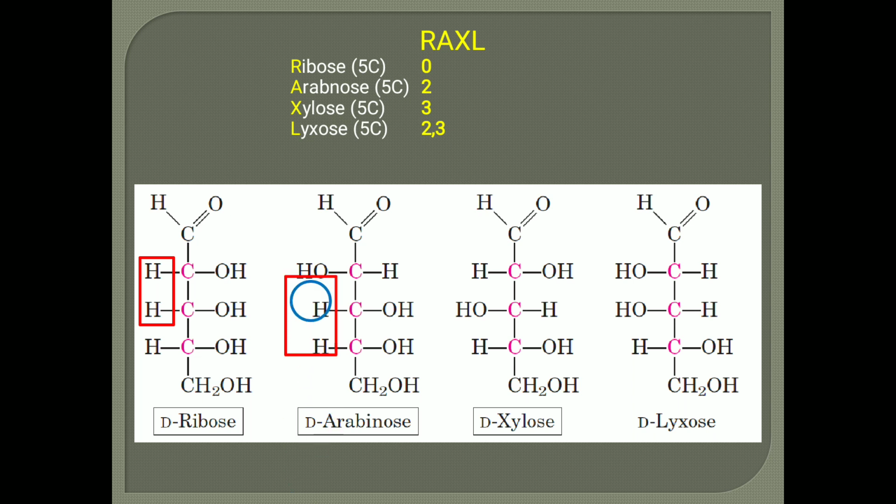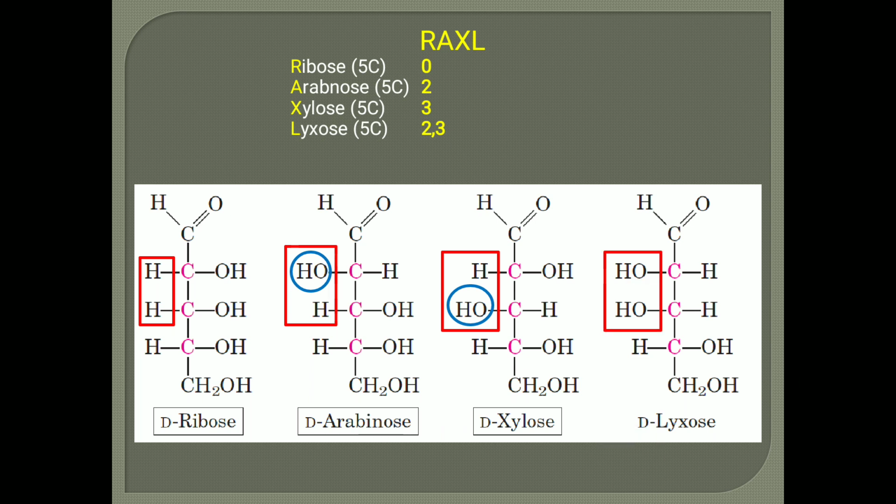Now in case of arabinose, we can see that out of the 2 carbons in consideration, the second carbon OH is on the right. So arabinose is 2. And in case of xylose, the third carbon OH is on the right. So that's why the term 3. And in case of lyxose, both the second and third carbon OH are on the right side. So in that way it is easy to remember.